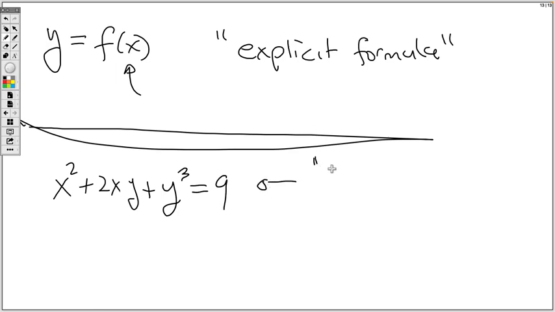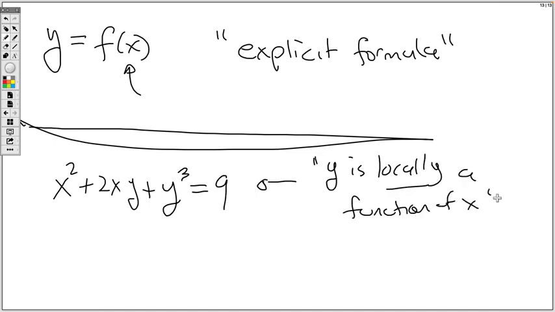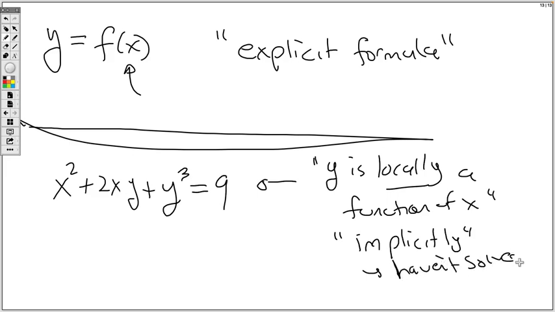We can think of this as defining y as locally a function of x, and this is defined implicitly because we haven't solved explicitly for y as a function of x. All right? So that's where the word implicit comes from in implicit differentiation.